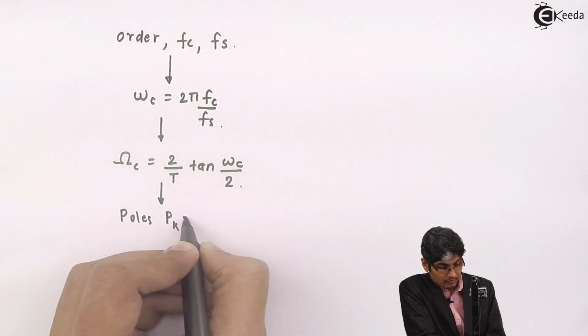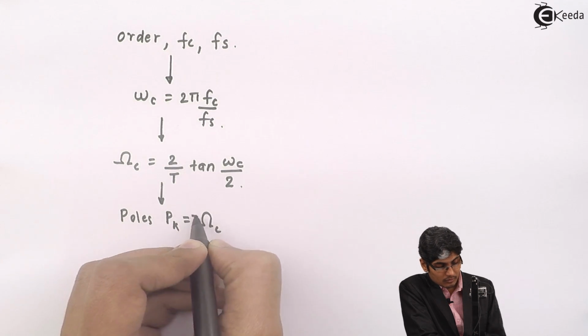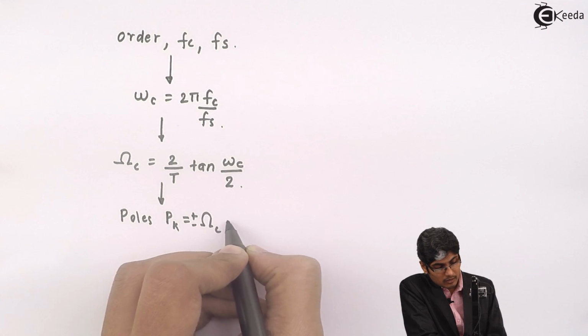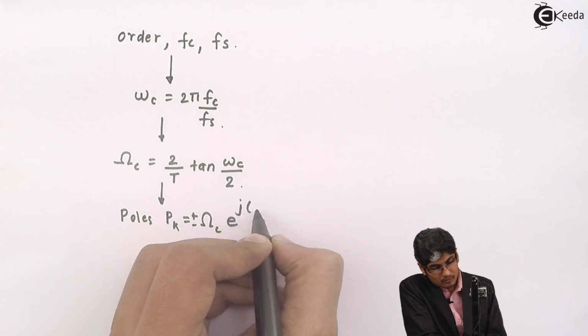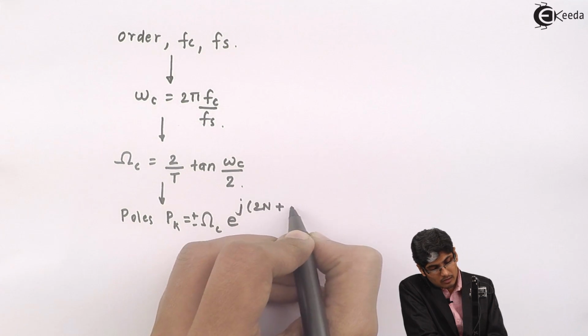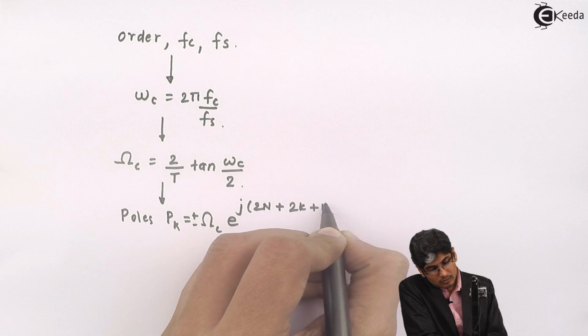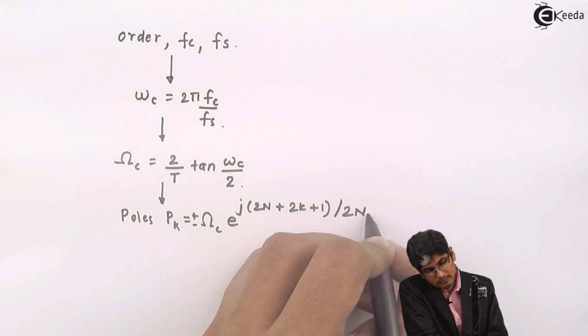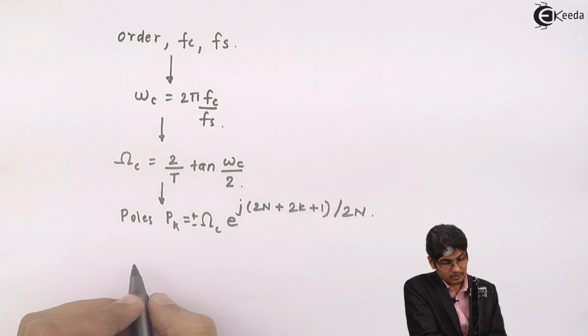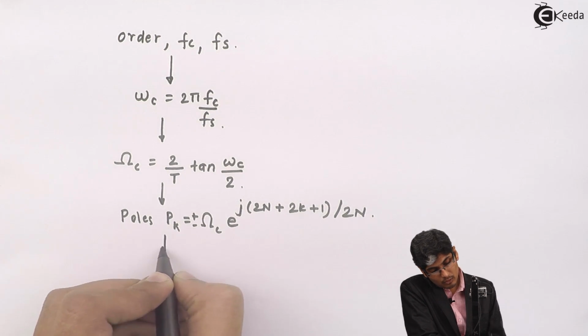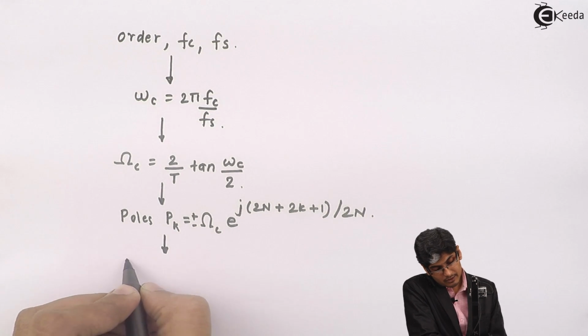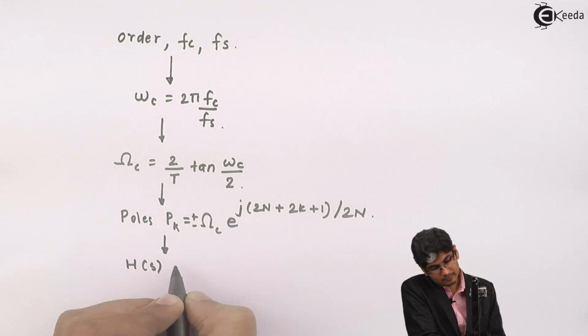So pk we calculated as omega c, plus and minus, e raised to j of (2n plus 2k plus 1) divided by 2n, which were the pole factors. After finding poles, we wrote the transfer function H of s.